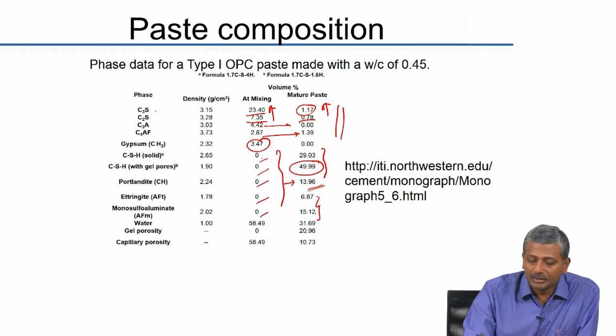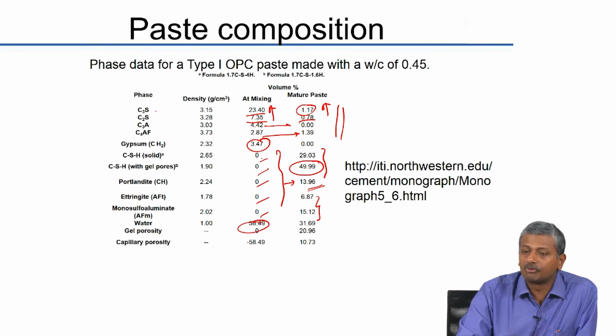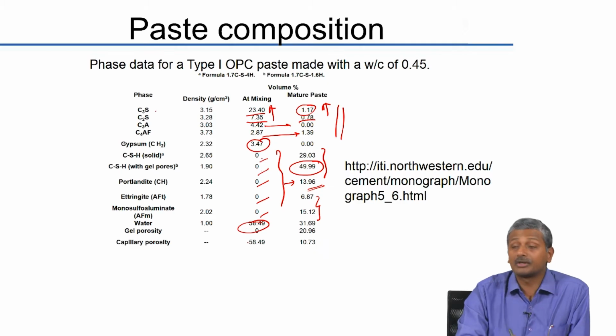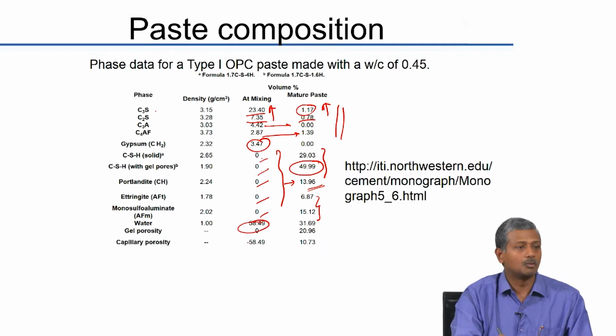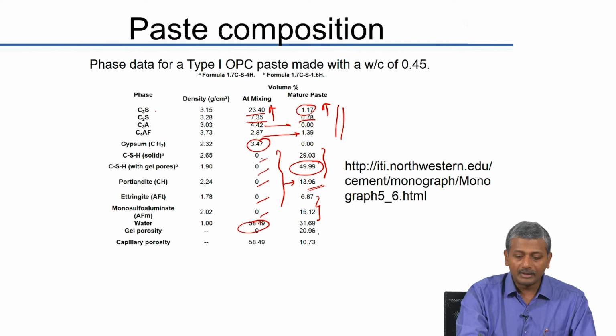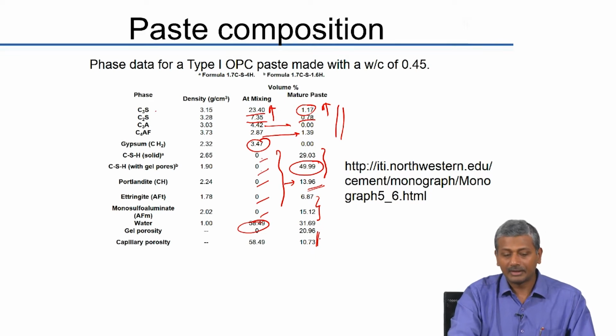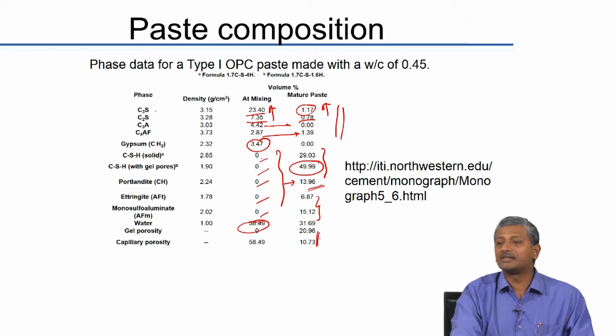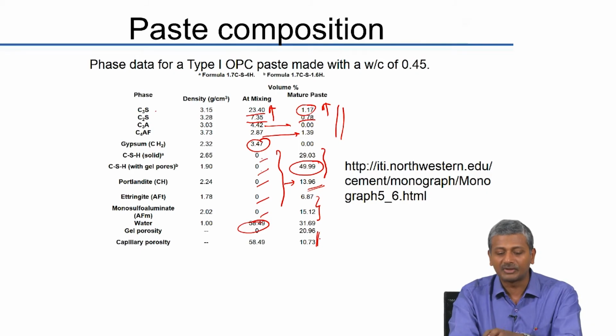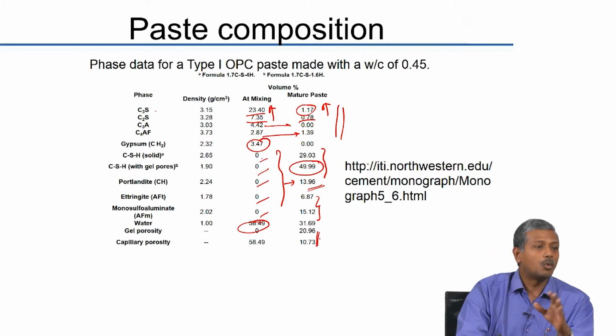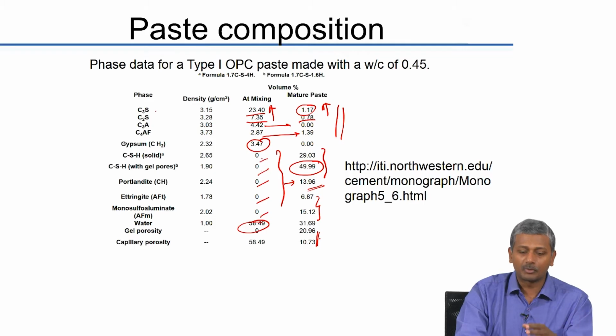Now here the water is given in terms of the total water in the beginning, 58.49 milliliters, percentage by volume is the volume of water present in the system. Later it gets distributed between capillary and gel porosity in approximately the same ratio that Powers was talking about, but here it is a little bit different. Powers had mentioned that 1/3 of the water is in gel pores and 2/3 in capillary pores.